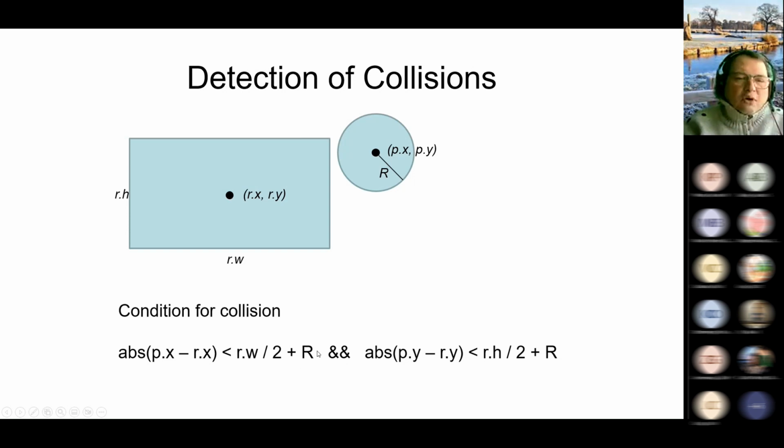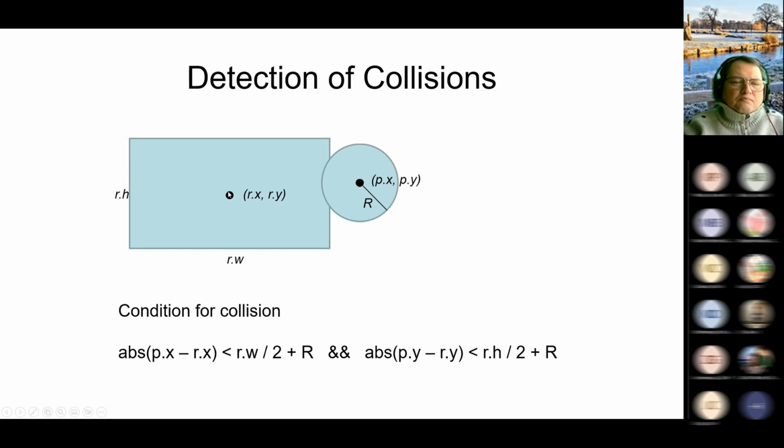So this formula only differs in this plus r thing. And just to show you that if we go here, the x direction distance between these 2 points will be slightly less than half of the width plus radius, okay, because they are partially overlapping.